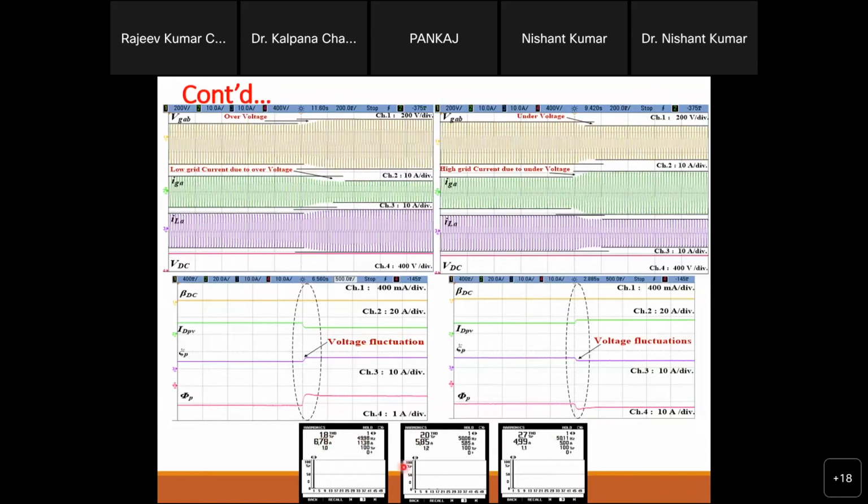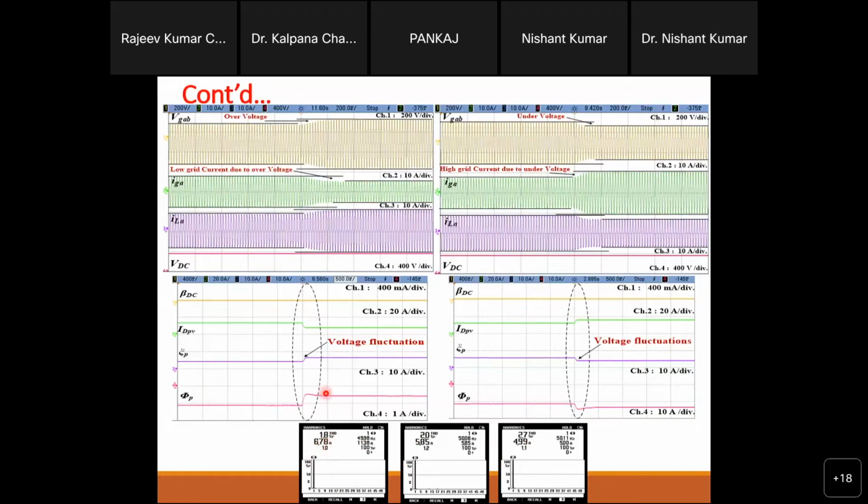In this situation THD is less, but here THD is high with respect to this. Why is this like that? Because THD is the ratio of all the harmonic components with respect to the fundamental component.